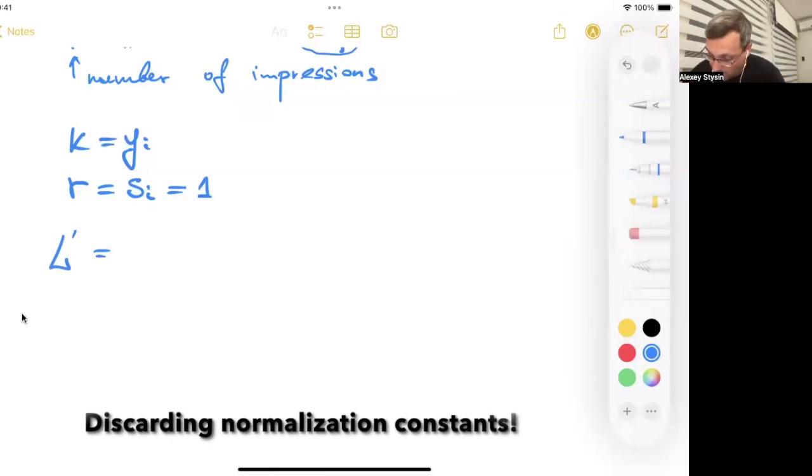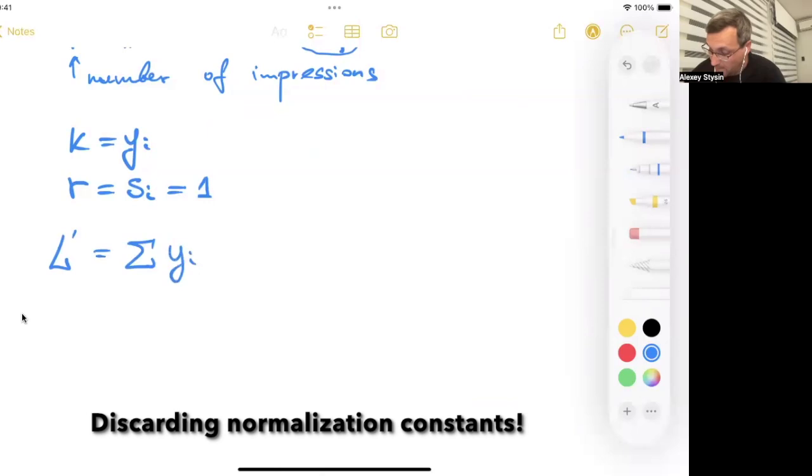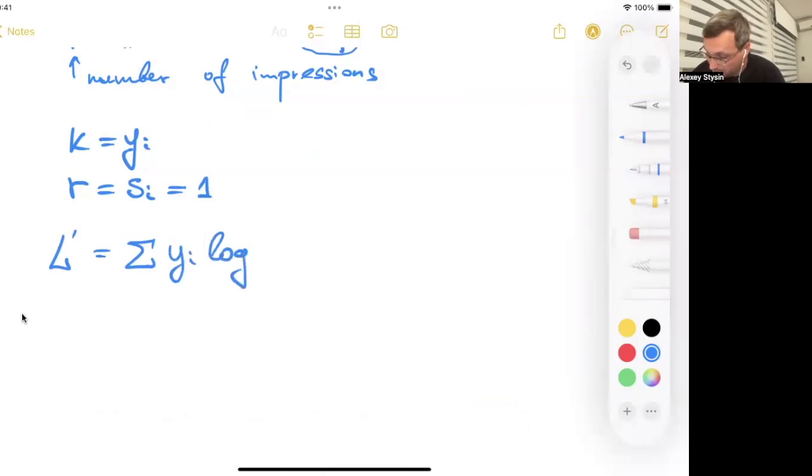So we end up with the sum over yi log qi plus R, or now we set R to si.